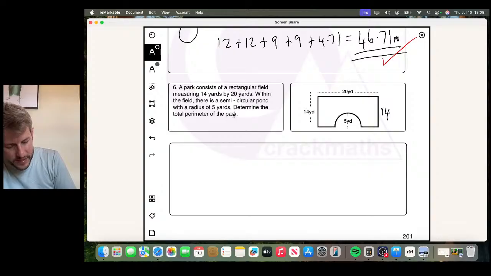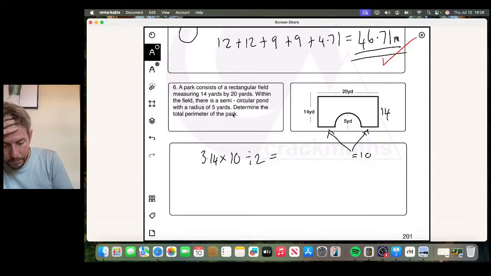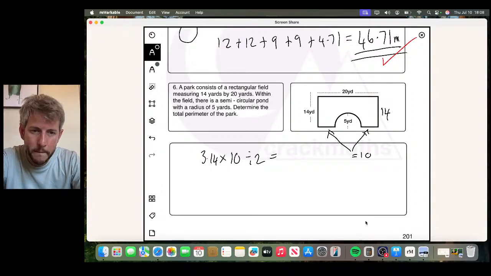We don't know if this is symmetrical, but we do know that these two bits will equal 10 collectively. Then we need to work out the perimeter of the semicircle. It's going to be 3.14 times the diameter, which would be 10, and then divide that by 2 because we only want the semicircle.